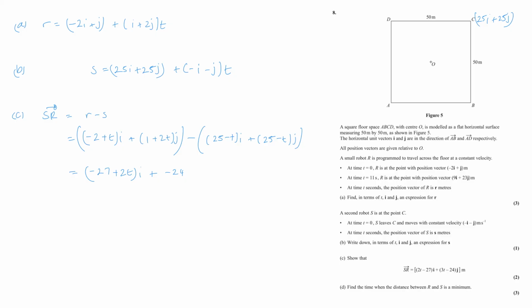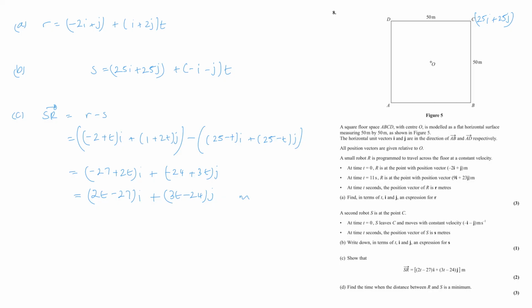And then 2t minus minus t is plus 3t j. And I could write them the other way round. And that's in meters, and that is what we were asked for down here.